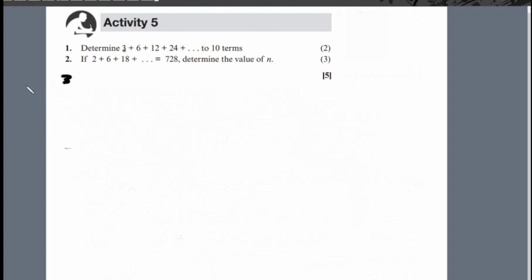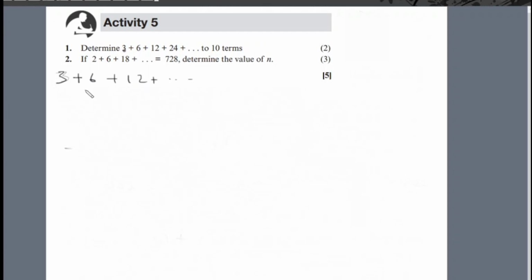So it's 3 plus 6 plus 12 plus so on. So you don't know what type of a series this is.